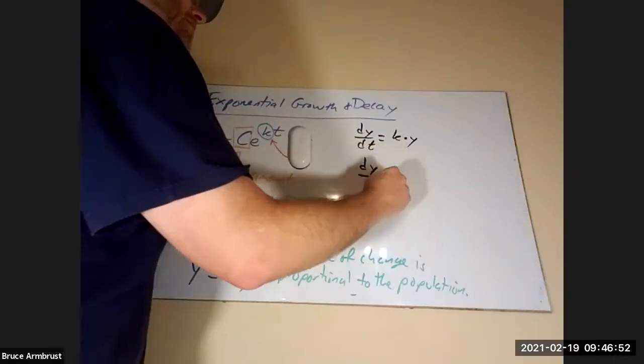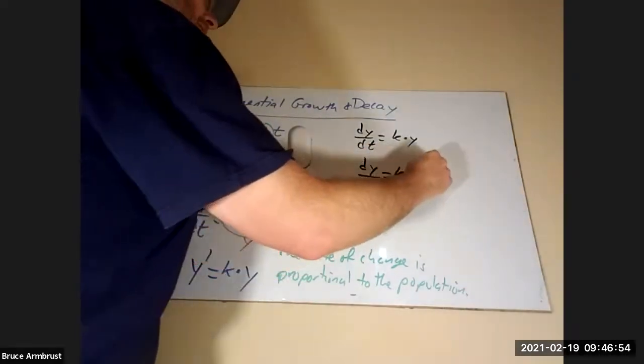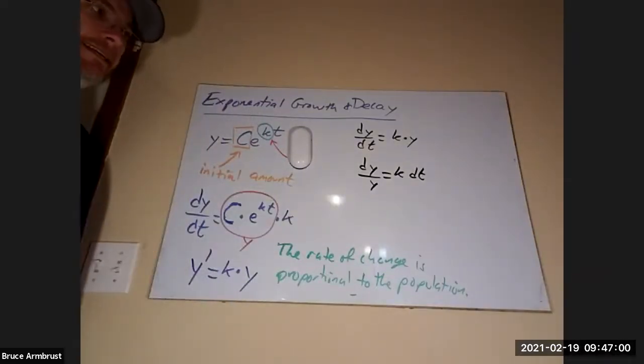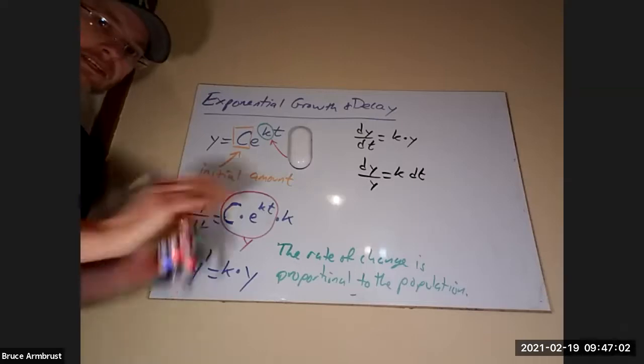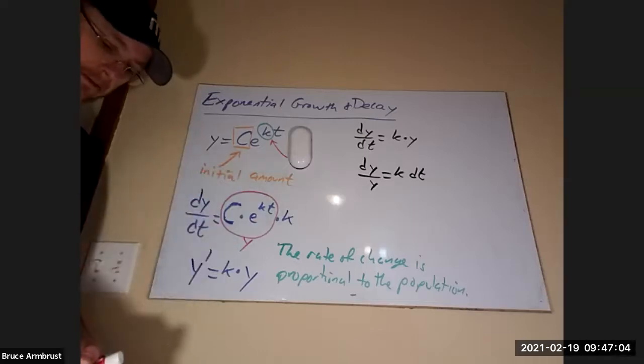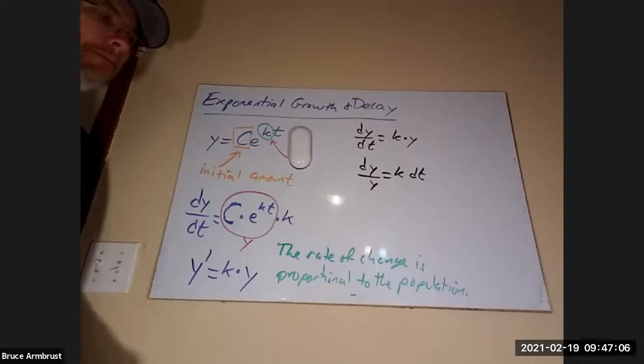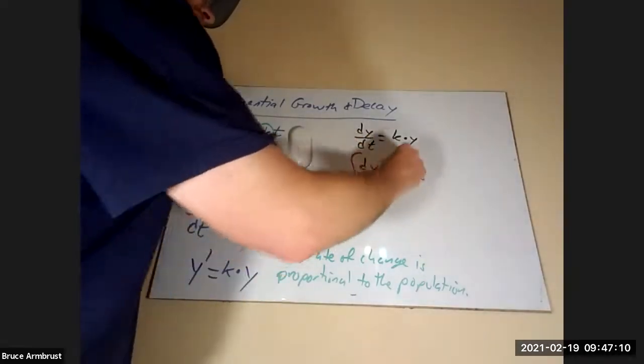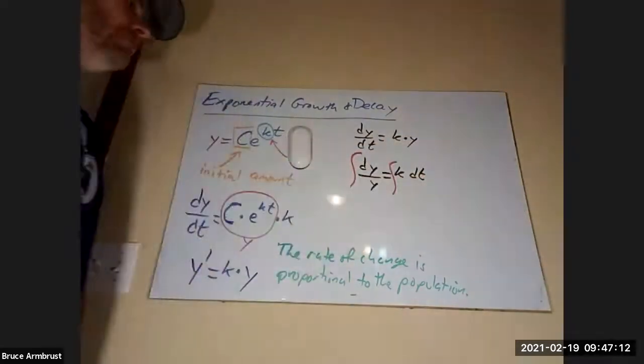I'm just going to move some things around here. So I have dy over y is equal to k times dt. So I just kind of shifted things around. But now, let's integrate both of these sides.